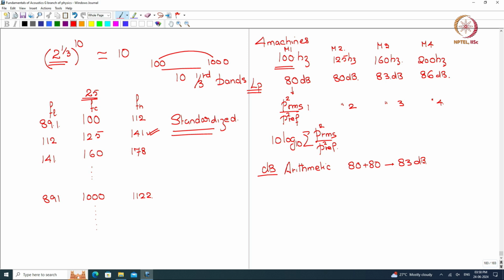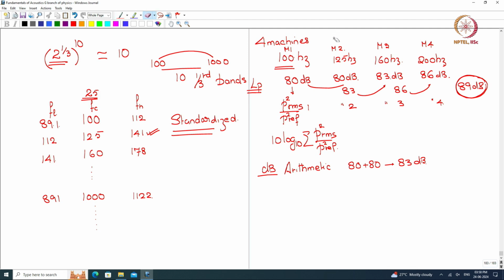That is dB addition. So 80 plus 80 gives me 83 dB, 83 plus 83 gives me 86 dB, 86 plus 86 gives me 89 dB. So the total sound when all 4 machines are operating is 89 dB, and this is what I mean by incoherent sources.